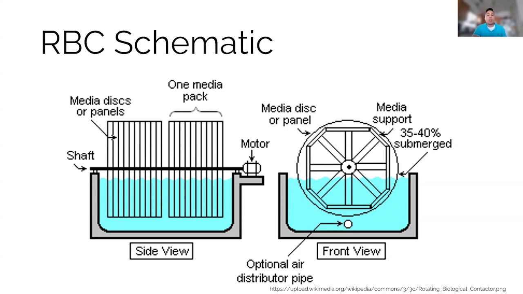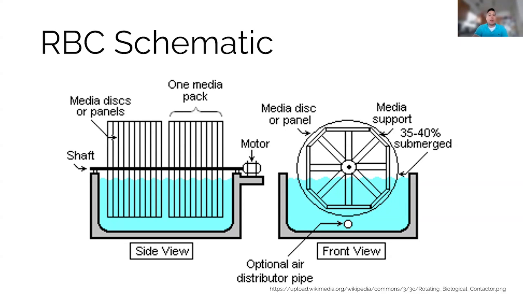Then we have rotating material or drums that you can see here. You can see that they are parallel, like we discussed. So we have these parallel discs grouped into what we call a pack, and then we have a shaft and a drive mechanism which facilitates the rotation of the media.